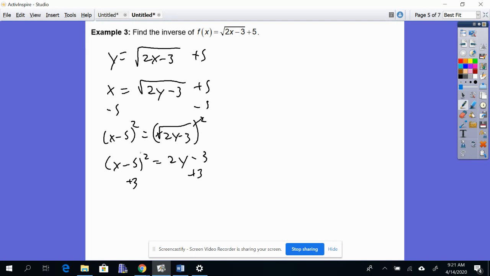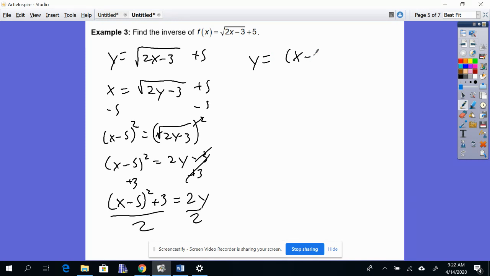So I need to leave it outside. That's fine. x minus 5 quantity squared plus 3. Those canceled. 2y. Divide by 2. So y is equal to, and it kind of looks a little gross, and that's fine.